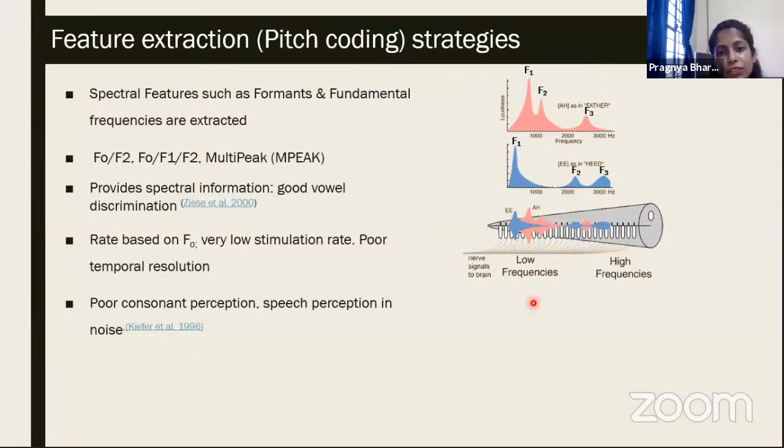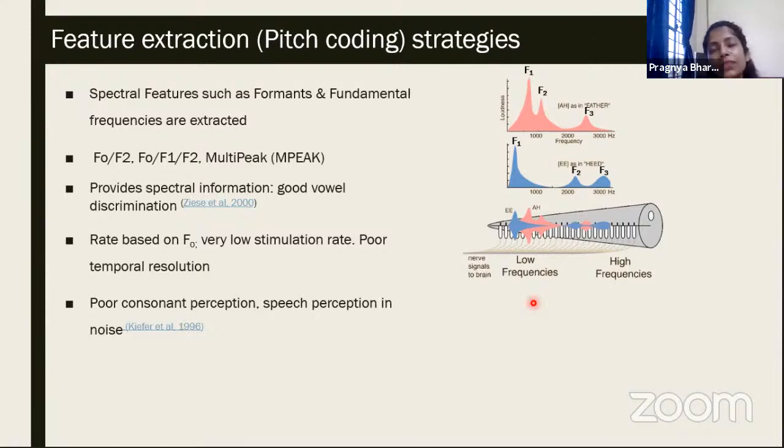Next, in the feature extraction strategies, most of the Nucleus devices, I think, relied on feature extraction strategies. The very earlier ones employed the F0 and F2, the fundamental frequency and second formant information, which evolved later on into F0, F1, F2.